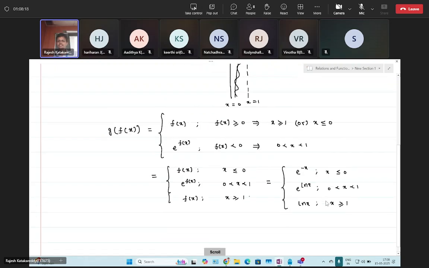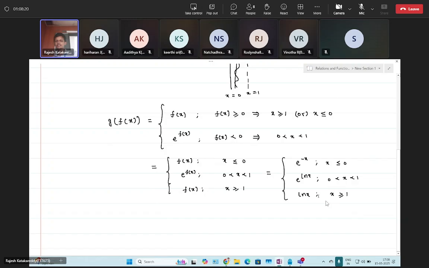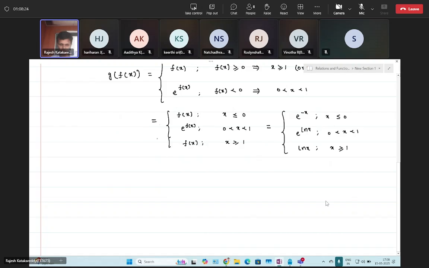Again, the identification can be done using the graph. So how to draw the graph? You should know the e power x graph. e power log x is x. So this is the e power minus x graph.